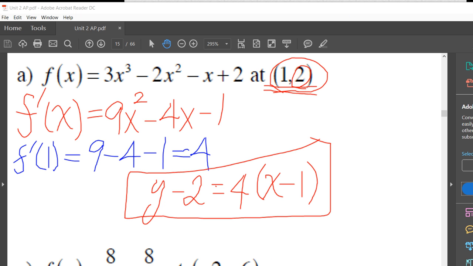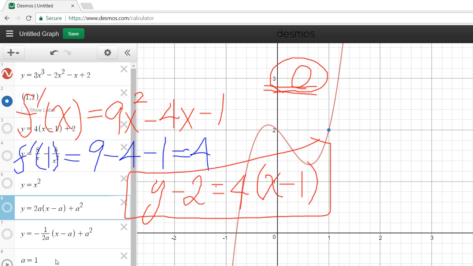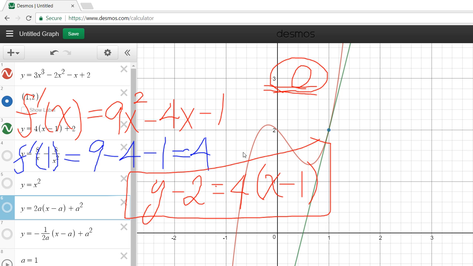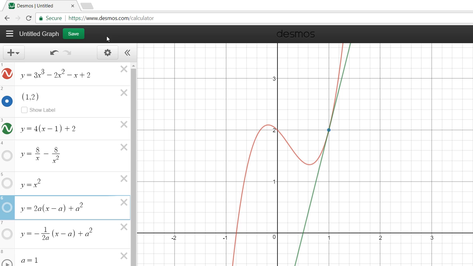But let's take a look at what this looks like. I'm going to clear this up. That right there, 4 times (x minus 1) plus 2, remember that's what we had here? That is our tangent line.